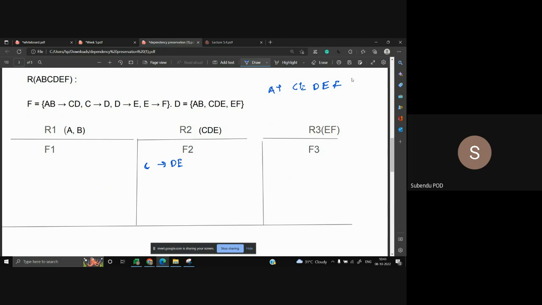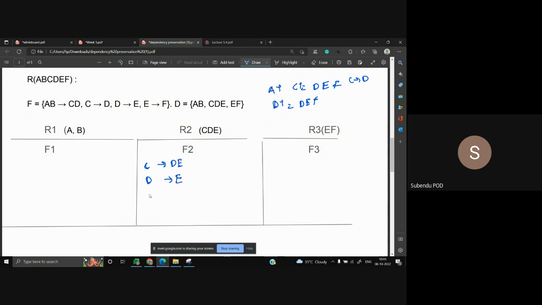Both are the same thing. Okay. And now we have to find the D closure. What will we get as D closure? D, E, F. So from D we can determine E. Okay.